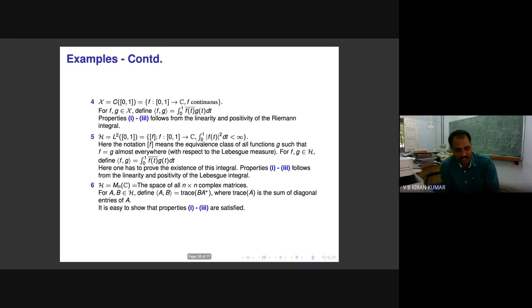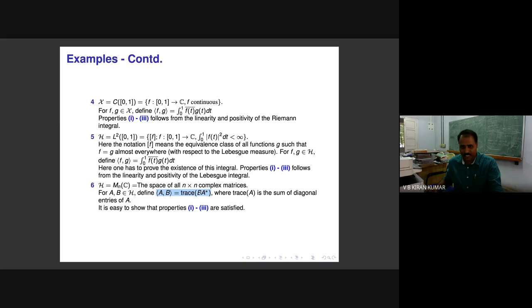Okay, now the final example is the familiar one for all of you, the set of all n by n complex matrices. This is a familiar set, and you know the linear structure: you can add two matrices and you can multiply by a scalar, everything. Now for two matrices A and B, you define the inner product to be the trace of B A star.